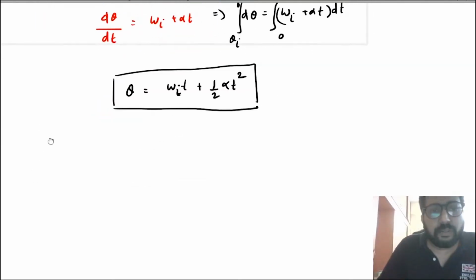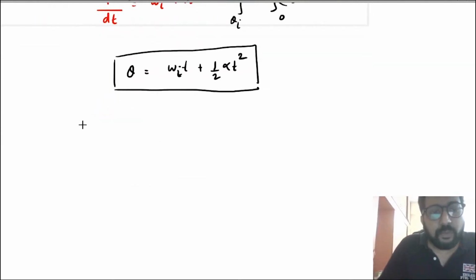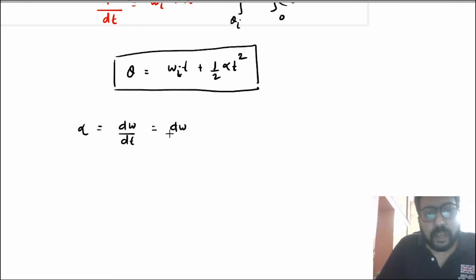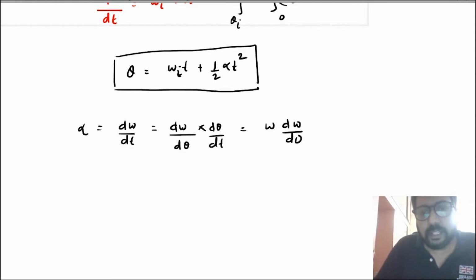Similarly, you can also write alpha is equal to d omega by dt, that is equal to d omega upon d theta multiplied by d theta by dt. D theta by dt can be written as angular velocity. So this is equal to omega d omega upon d theta. So again alpha d theta is equal to omega d omega.